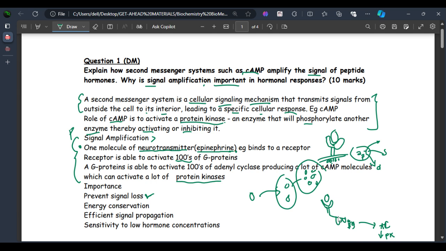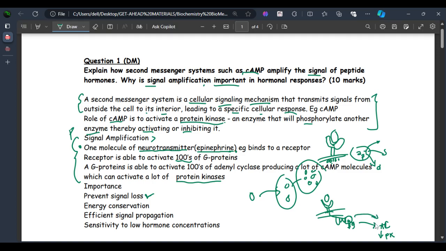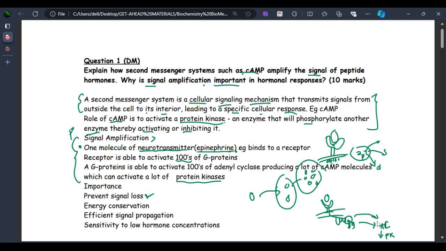Okay, so imagine if just one molecule is released on each step. Now imagine something happens to that very one molecule. Let's say this alpha subunit, when it's coming to adenylyl cyclase, it's maybe inhibited by something, because basically you don't have one process happening in the cell.